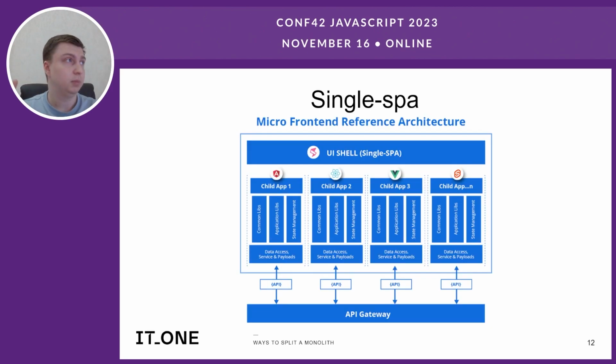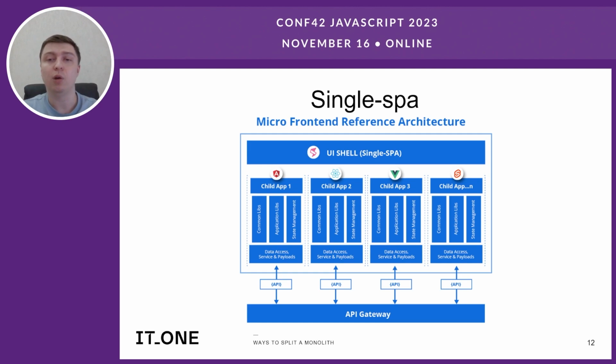Single SPA is a kind of realization of microfrontends, and this approach has several peculiarities. First, single SPA has a container within which we register applications and can use them as separate independent applications within a single page.